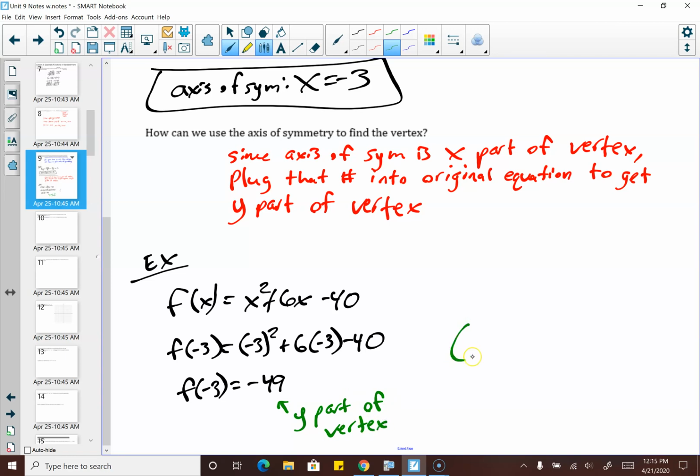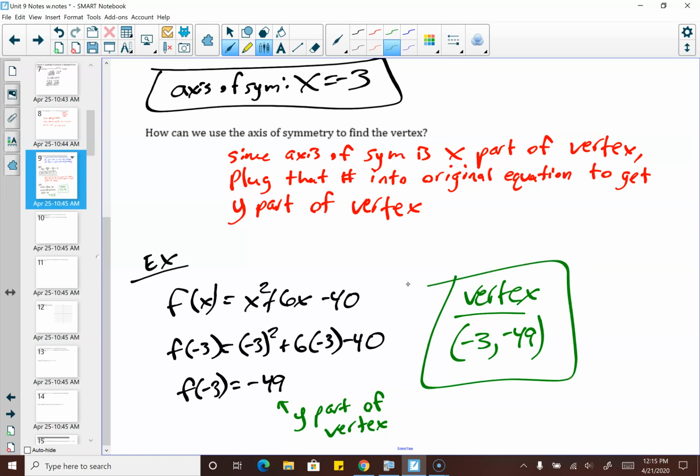Since x equals negative 3 was my axis of symmetry, negative 3 is going to be the x part of the vertex, and that negative 49 I just found is going to be the y part of my vertex. All right, and that's how you use your axis of symmetry to get your vertex.